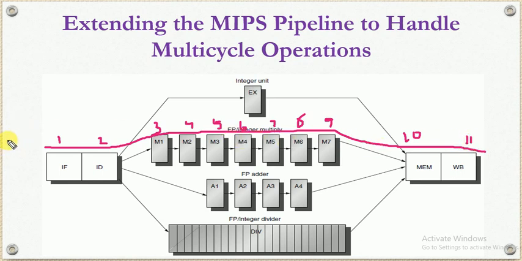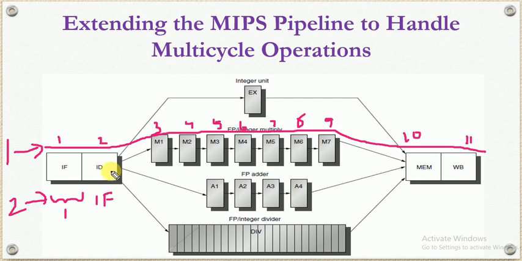This is the first instruction. Then the second instruction will normally start from the second clock cycle with instruction fetch. So there is an initiation interval of 1, because here for the initiation interval we consider the same instruction being repeated once again.